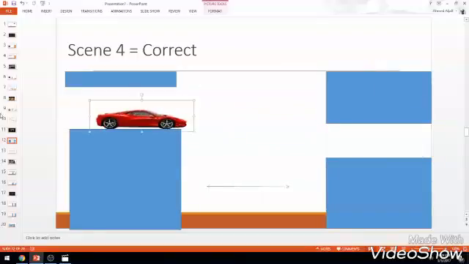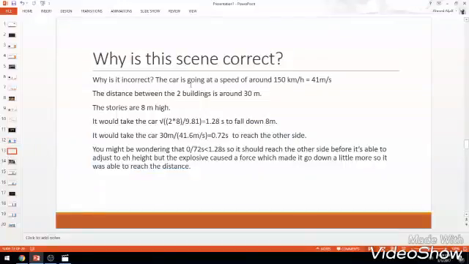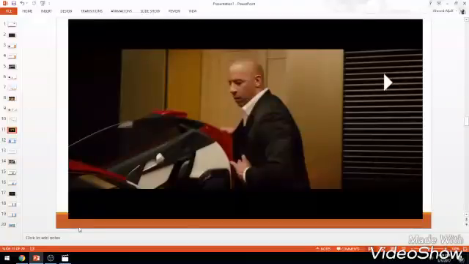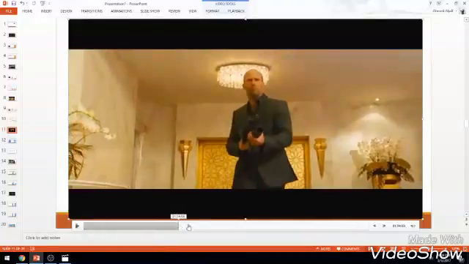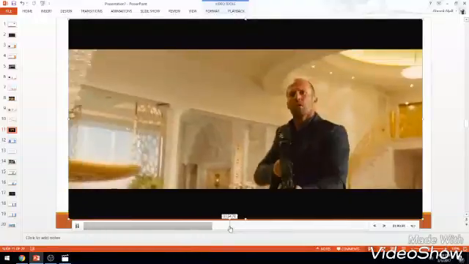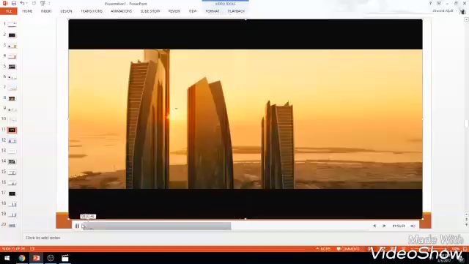Whoosh. And second of all, the car is going at a speed of around 150 kilometers an hour, which is 41 meters per second. The distance between the 2 buildings is around 30 meters. The stories, so this, there we had it.